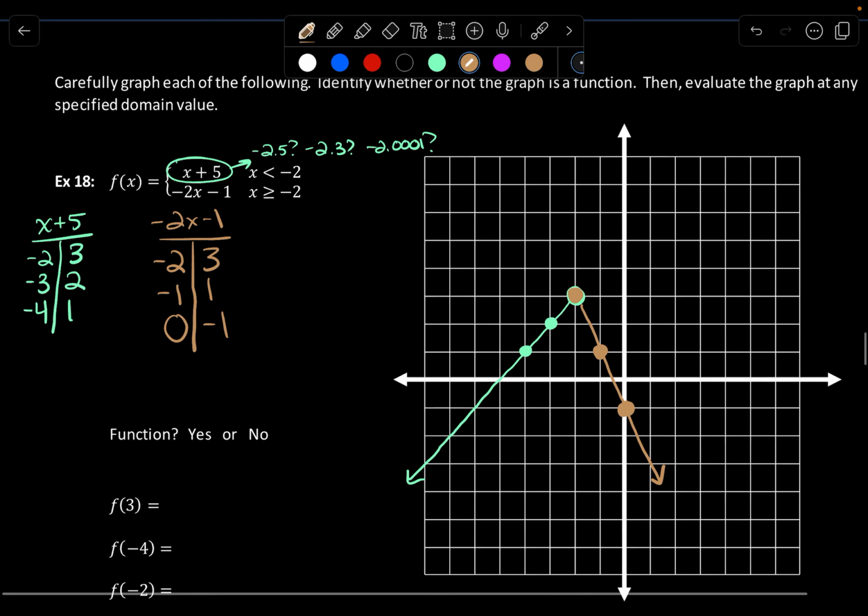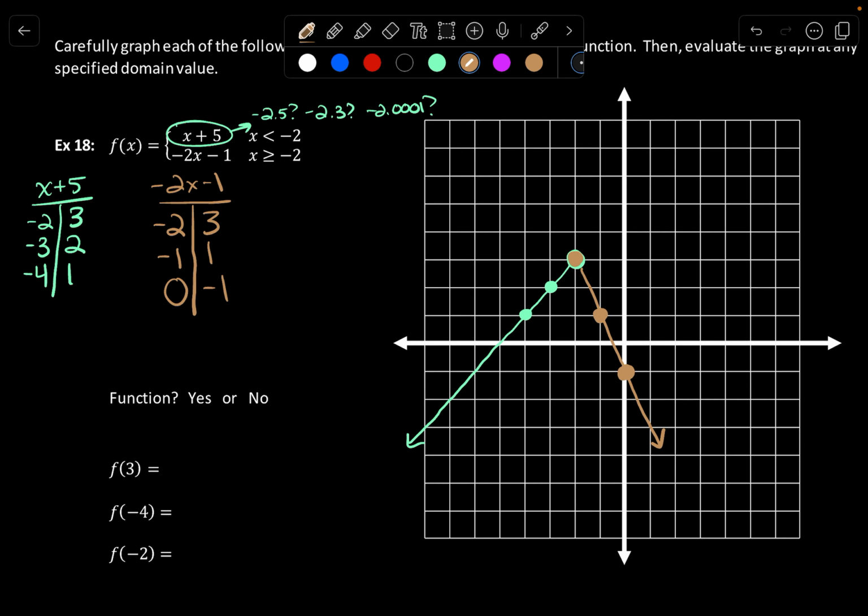Okay, so now, is this a function? In previous courses, you used your vertical line test. This will be the only unit that we can use the vertical line test. So if I scan across this, I can see that at no point will more than one output be responsible for each input. So this one is a function.